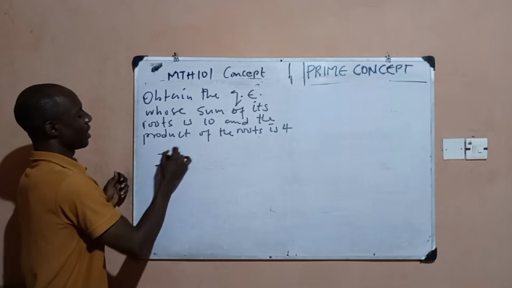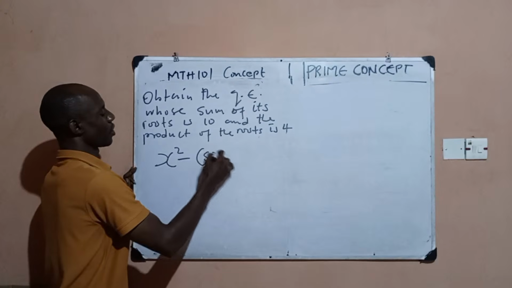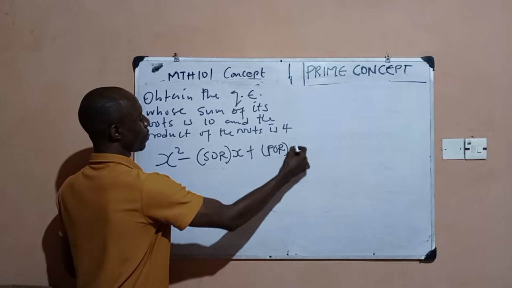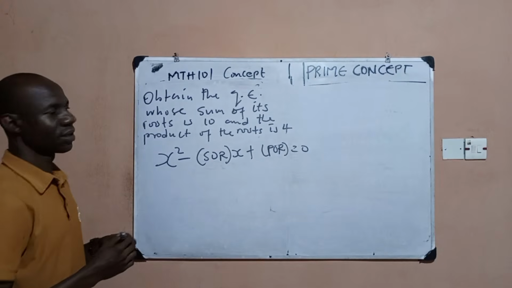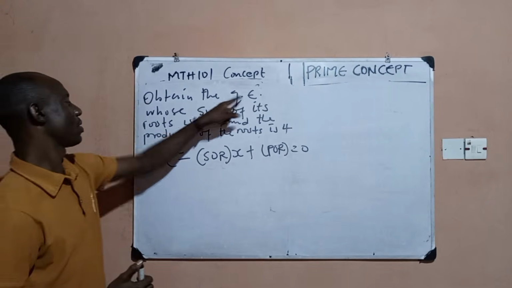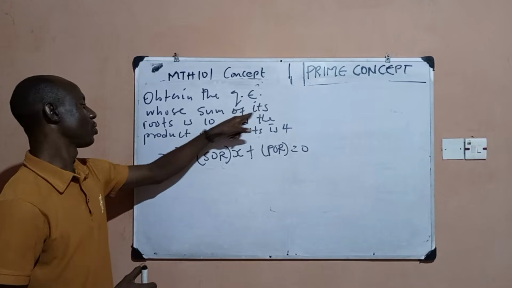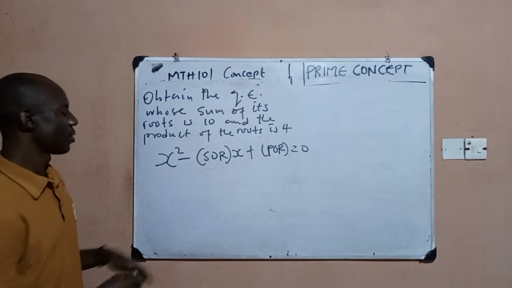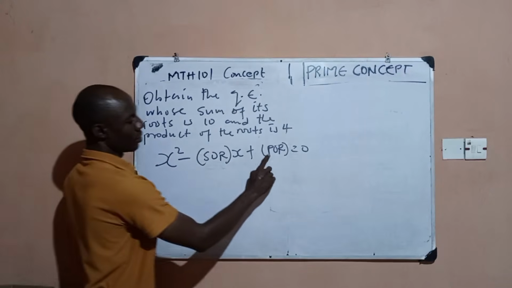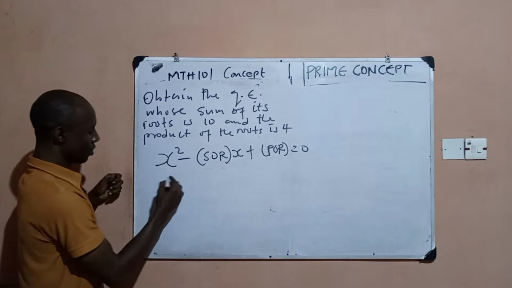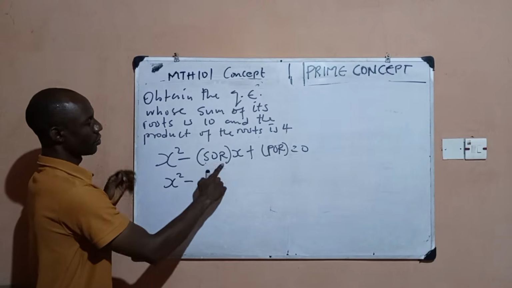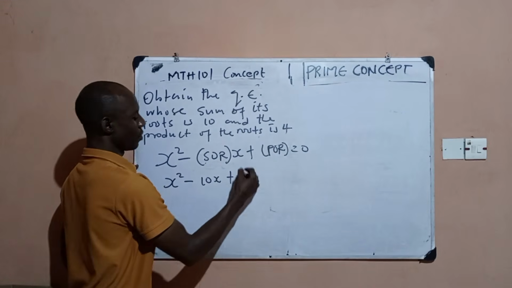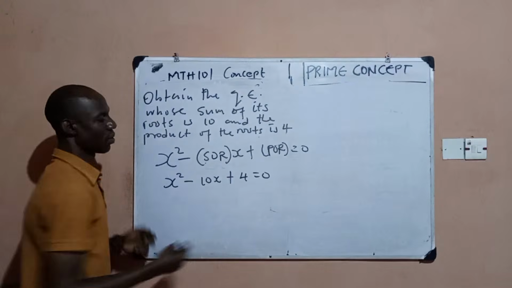Quadratic equation is usually x squared minus sum of roots times x plus product of roots equals 0. This is how you form a quadratic equation. Now they say obtain the quadratic equation whose sum of its roots is 10. So SOR means sum of roots, POR means product of roots. So I have x squared minus sum of roots, which is 10, so minus 10x, plus product of roots, which is 4. So plus 4 equals 0. This is the quadratic equation.